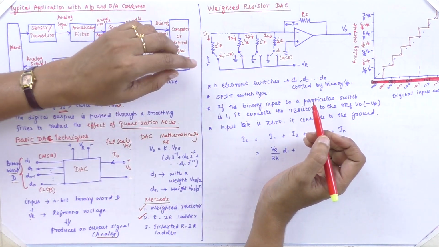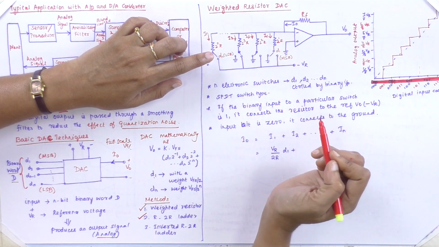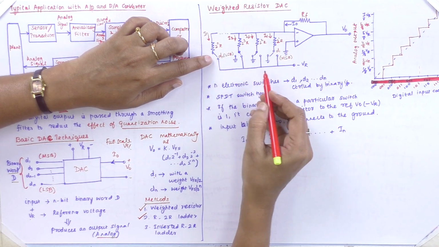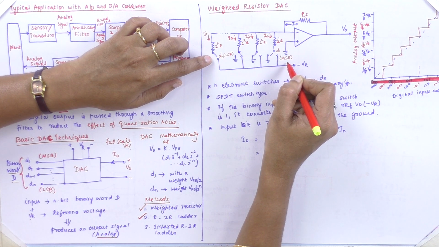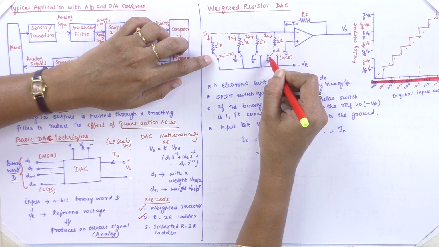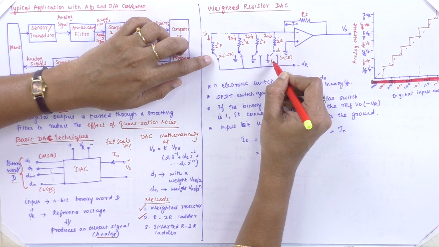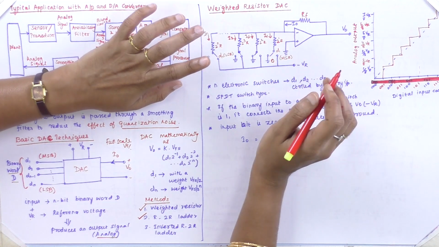If the binary input value is 1, it is connected to the resistor. See here in the D1 part, considered as the most significant bit, it is connected to the ground terminal, so the binary input is taken as 0.